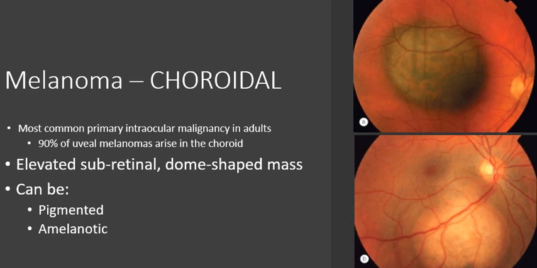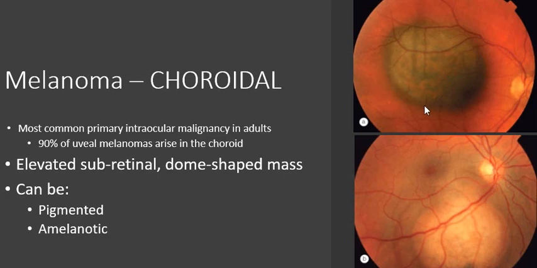a choroidal melanoma, and that's actually quite a few people. It affects males and females equally, and what you notice is an elevated subretinal dome-shaped mass. And the reason that it's subretinal is because it's in the choroid, and the choroid actually sits under the retina.